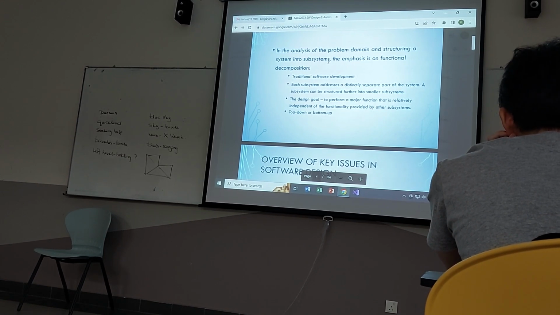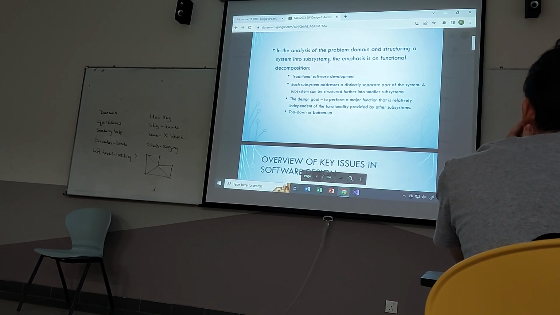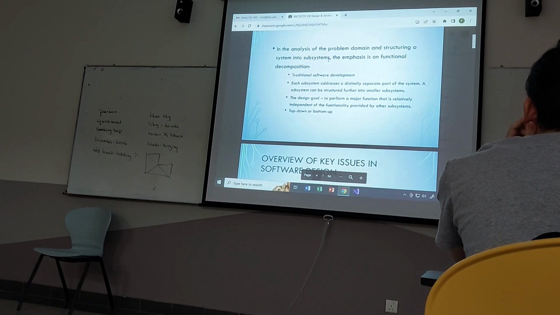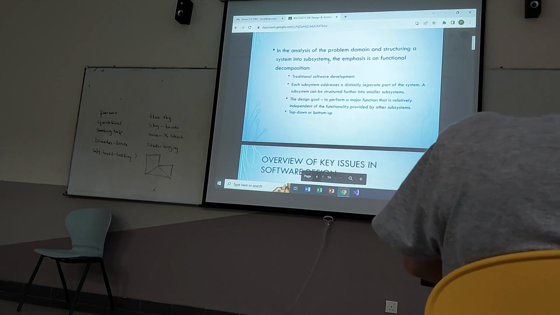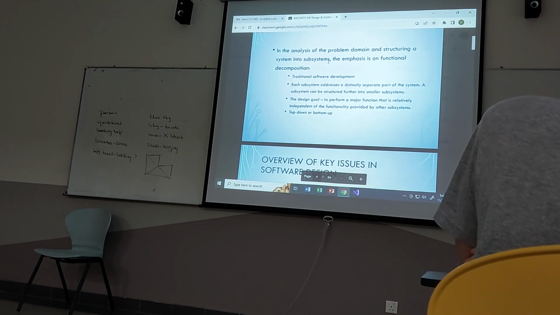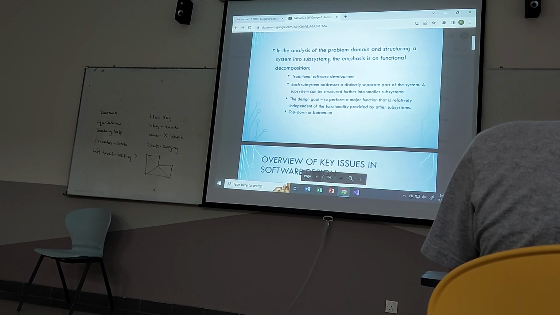We identify the objects and the functions. Then you need to identify each subsystem: how many subsystems should there be? How are we going to break a subsystem into smaller subsystems? What is the design goal? How are we going to meet the goals? What kind of approach are we going to use? This is traditional development, where we may face these issues.